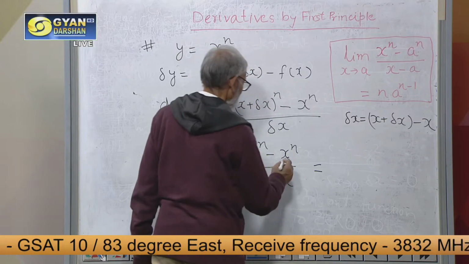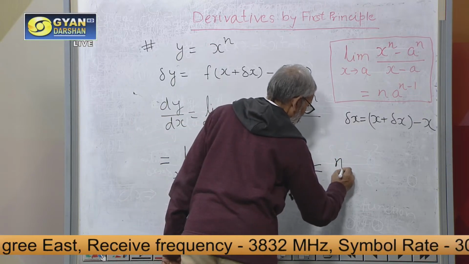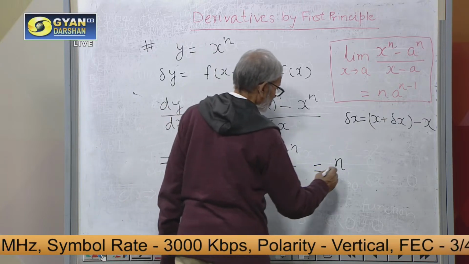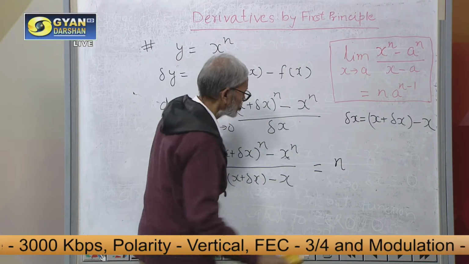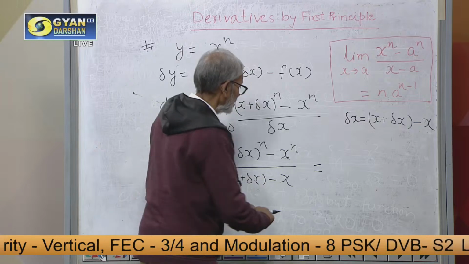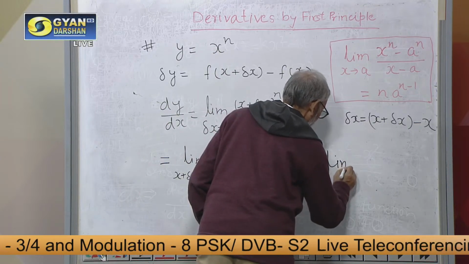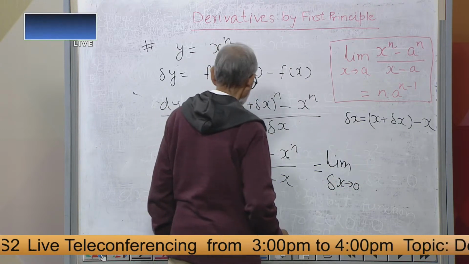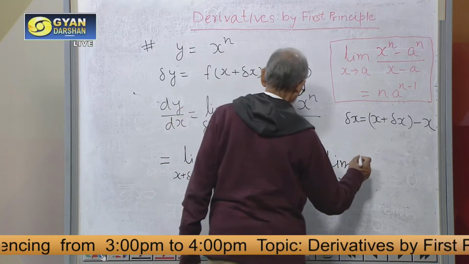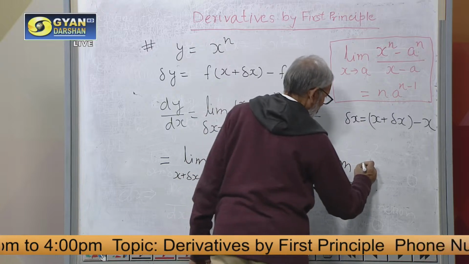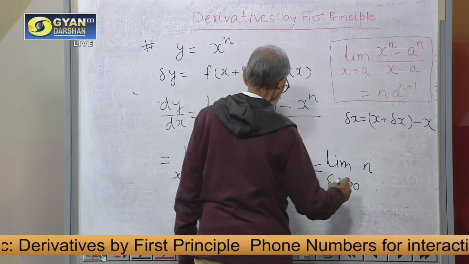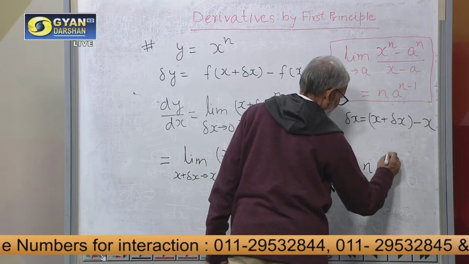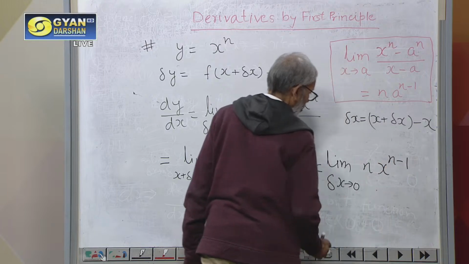It will be n, and it is equal to limit delta x tends to 0, and its value is n x to the power n minus 1.